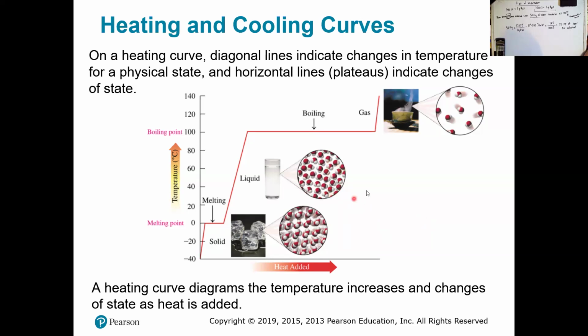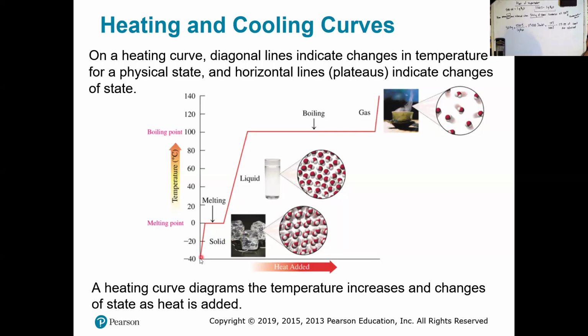It's a heating curve when you add heat, and it's called a cooling curve when you remove heat. So this version of it where we're adding heat is called a heating curve. And in your heating curve, you're going to have these slanted lines, which are slopes. Every time that you see these slanted lines, this is a point where your physical state is not changing. The only thing that's changing during these sections where you have the slanted line is the temperature of your substance.